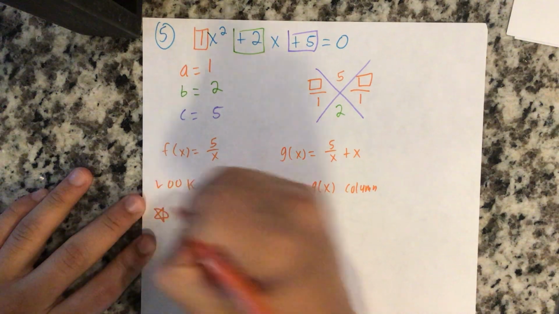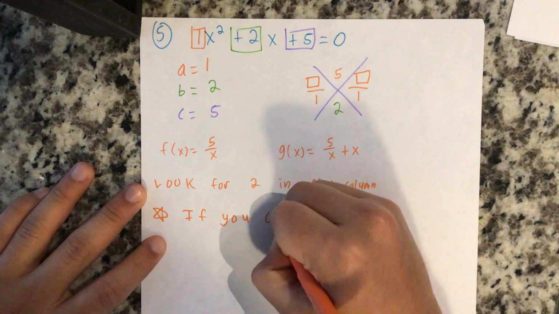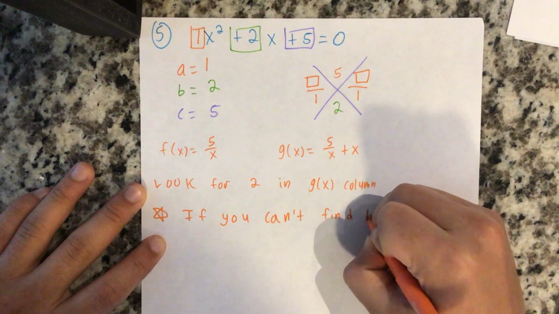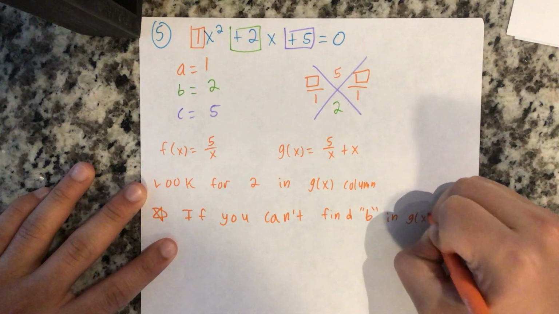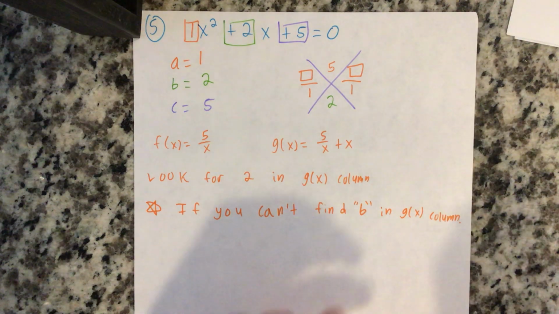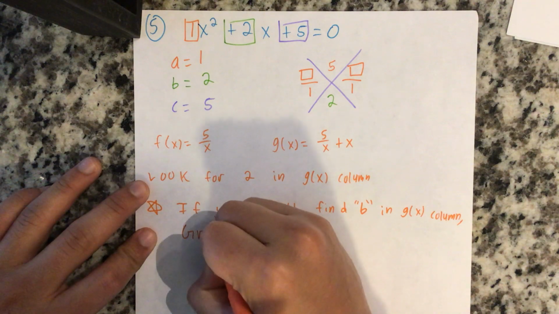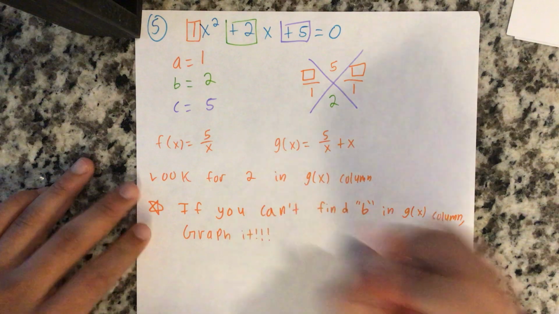Put a little note right here: if you can't find the b in the g of x column, graph it.